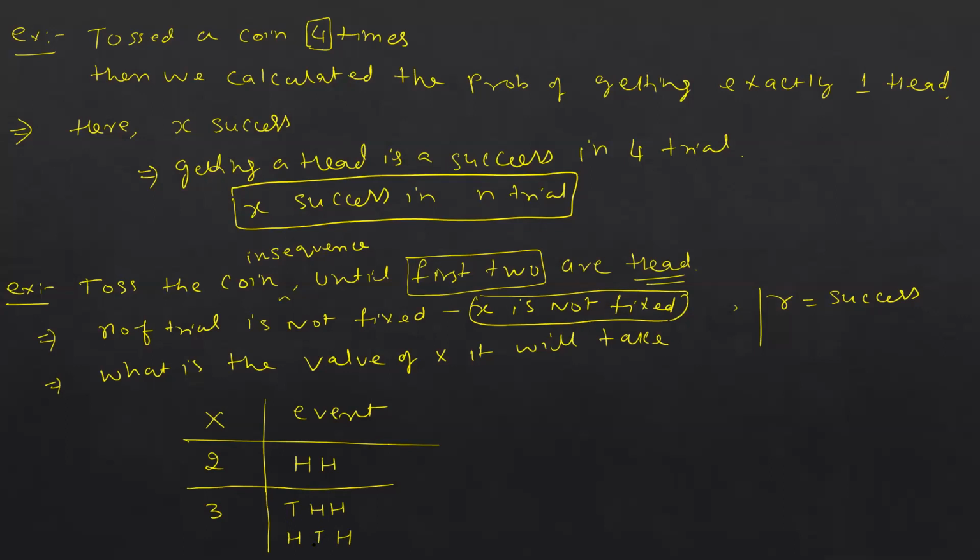Even in this case you have two heads. What if x takes the value 4? You may get failure, failure, head, head; then tail, head, tail, head; or head, failure, failure, head. Like that, trials may continue.